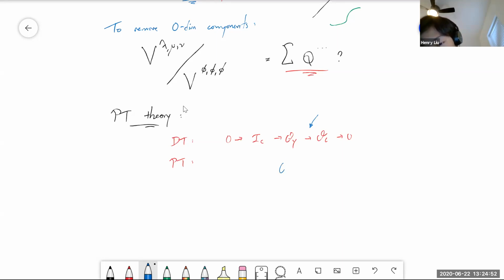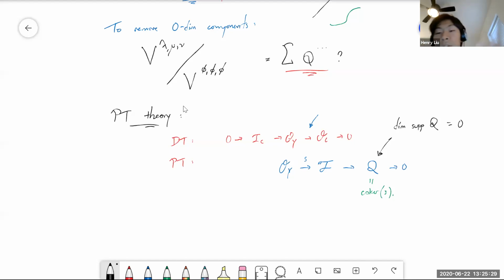So we say we have a map s from O_Y to some sheaf F. It might not be an actual surjection, but at least the cokernel, this Q here, the cokernel of s, we don't want to be too big. So we'll impose the restriction that the support of Q is really a zero-dimensional sheaf.